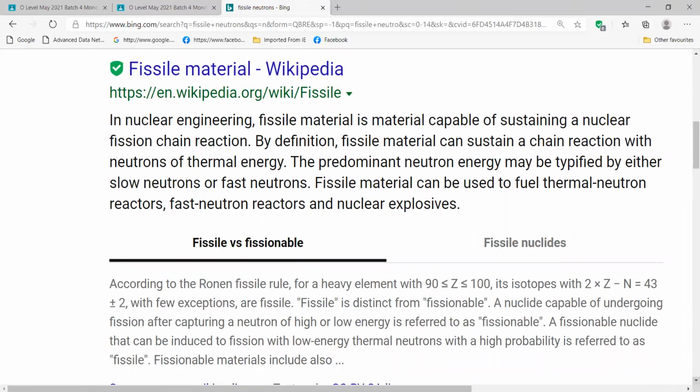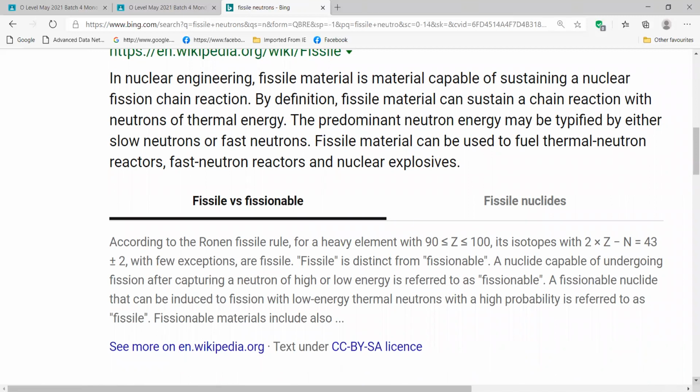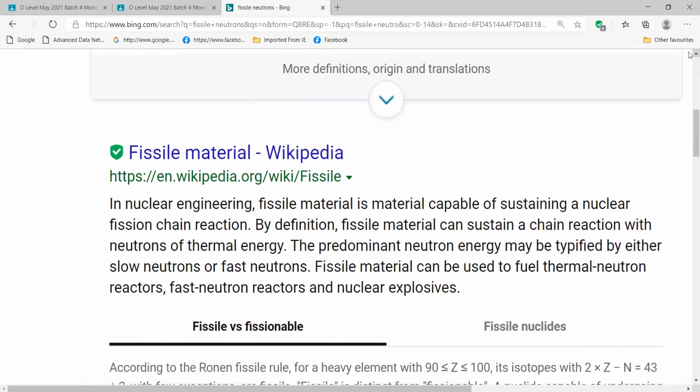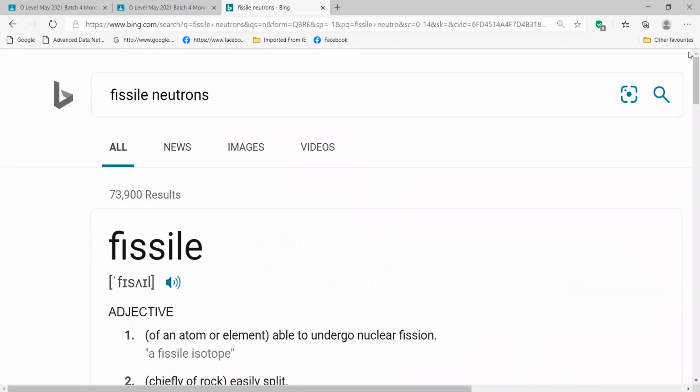So I can write that fission creates a large amount of energy, but not as large as fusion. Yes, sir. Done.